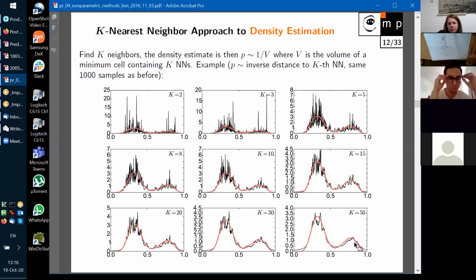For k equals 50 it starts to look reasonable, but it's still quite noisy. So the nearest neighbor can be used for estimation. It is related to density estimation, but the density estimates are not smooth and don't look nice, but we have seen the connection between nearest neighbor and density estimation.